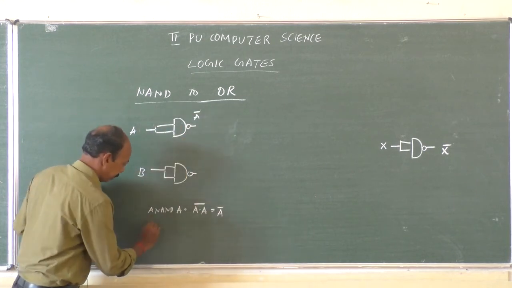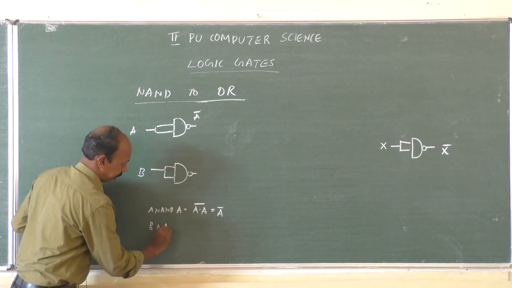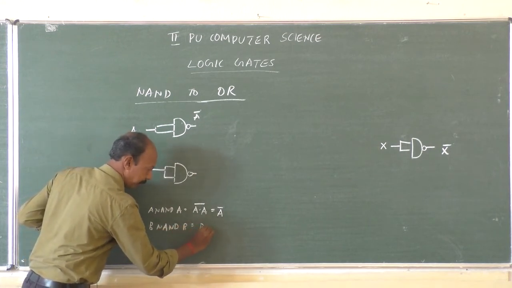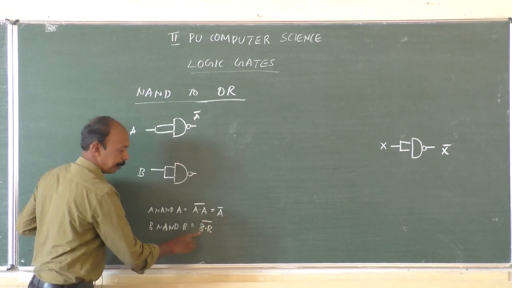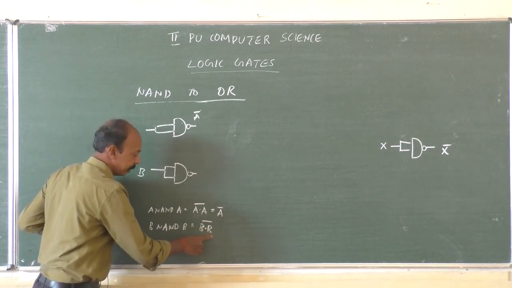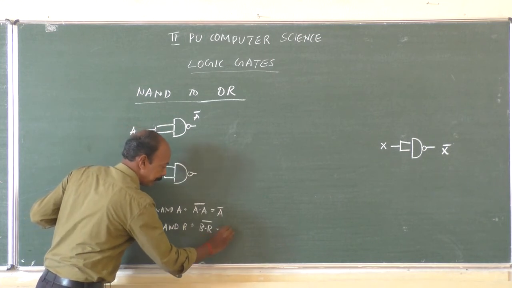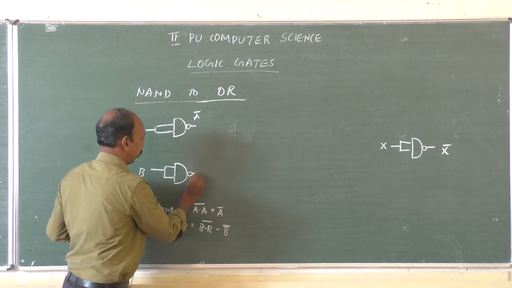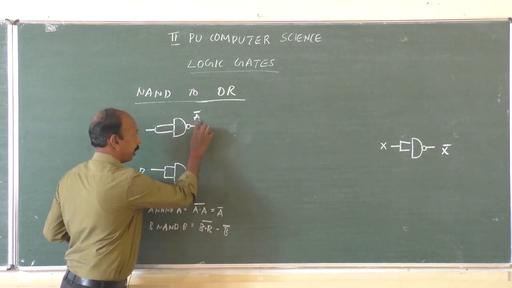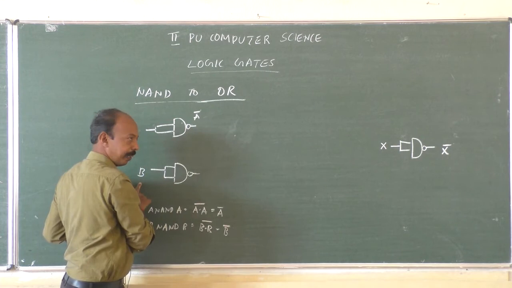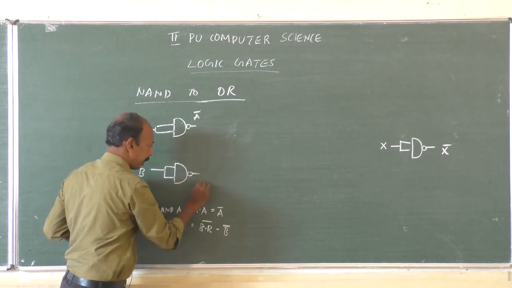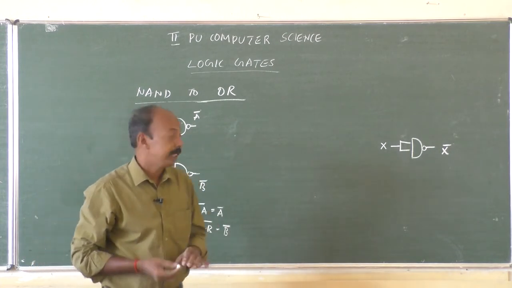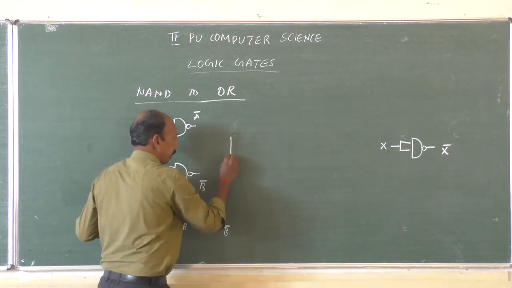Similarly for this one, B NAND B is equal to (B dot B)'. B into B, X into X, that is X only, that's why B bar. So in level 1, we have two NAND gates; A and B will be fed. The output of that will be A bar and B bar respectively. In the second level, we shall have one more NAND gate.